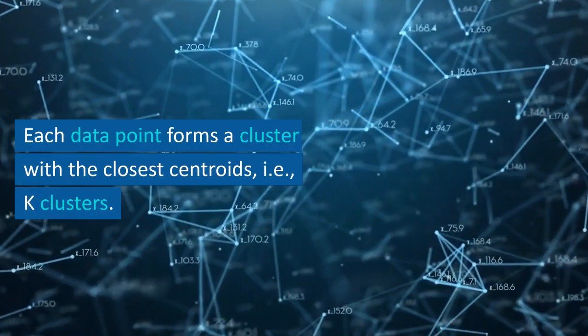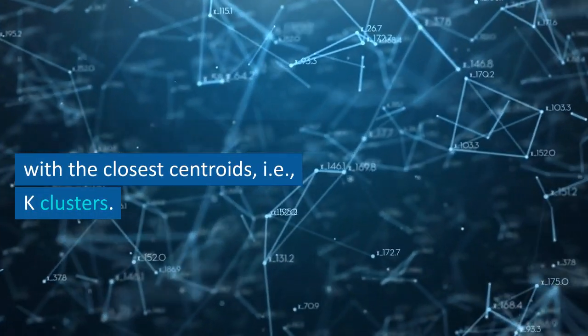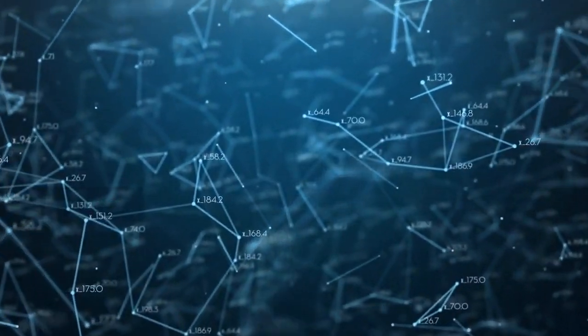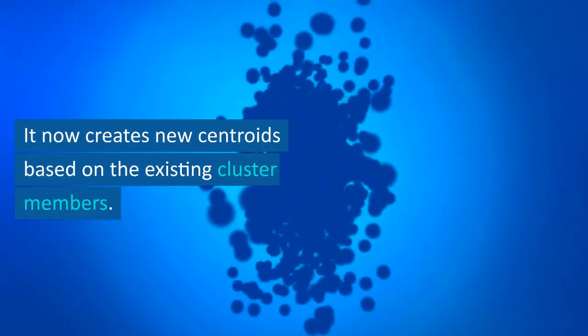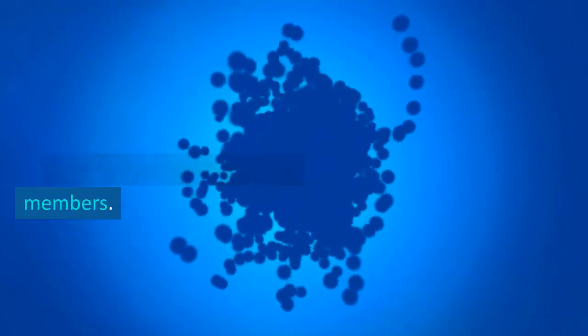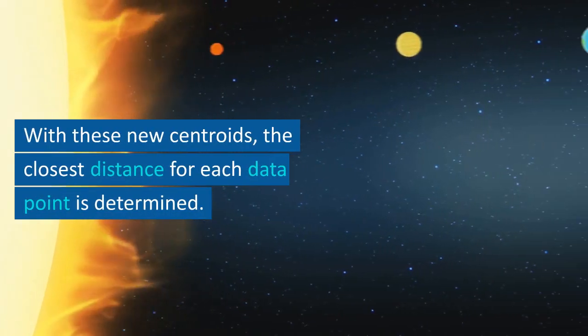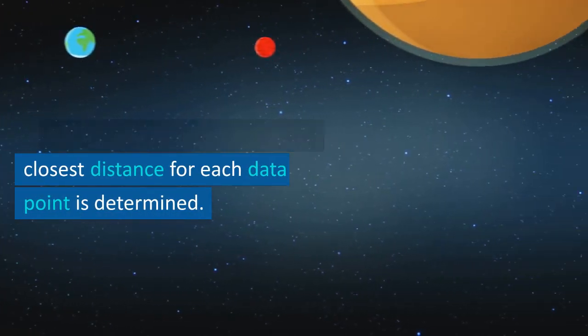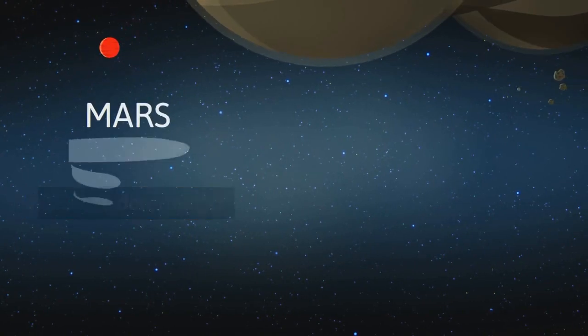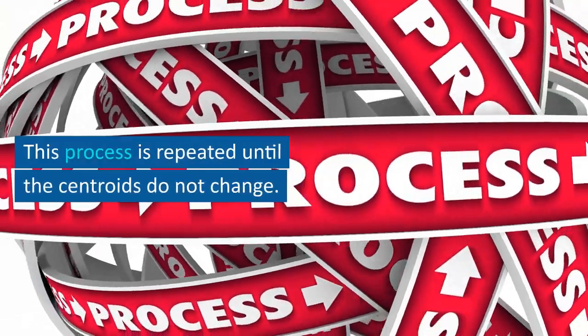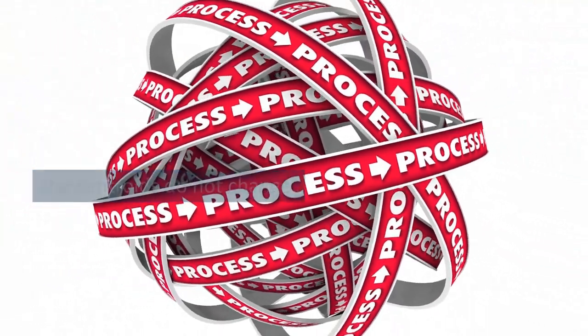Each data point forms a cluster with the closest centroids, i.e., k clusters. It now creates new centroids based on the existing cluster members. With these new centroids, the closest distance for each data point is determined. This process is repeated until the centroids do not change.